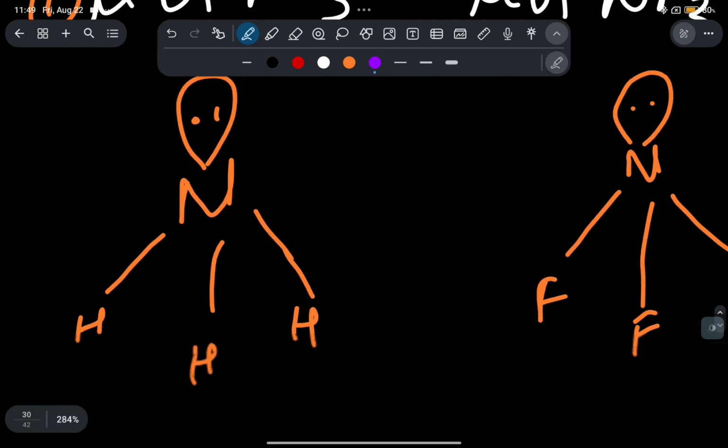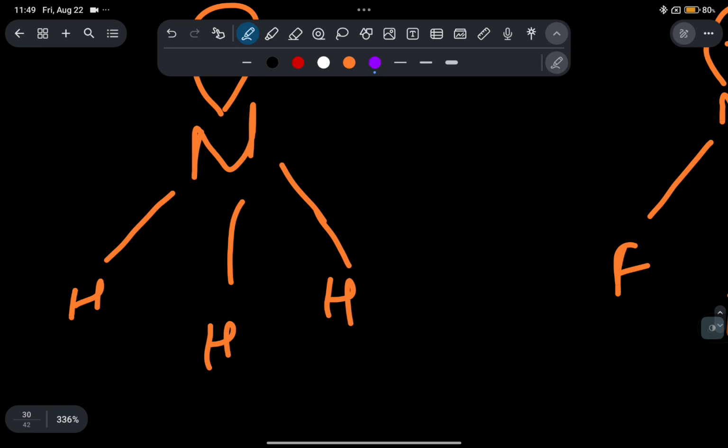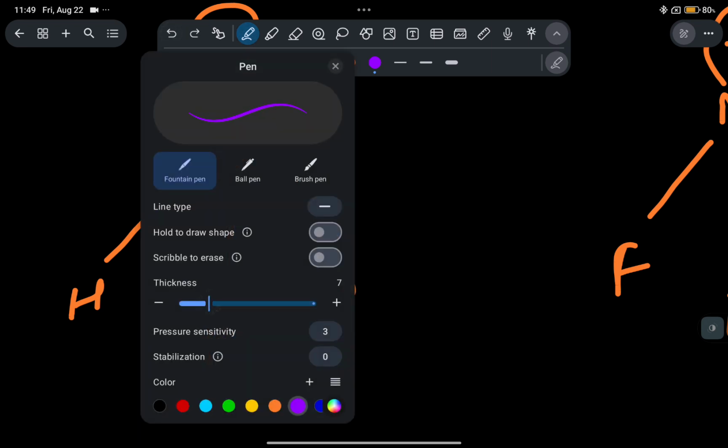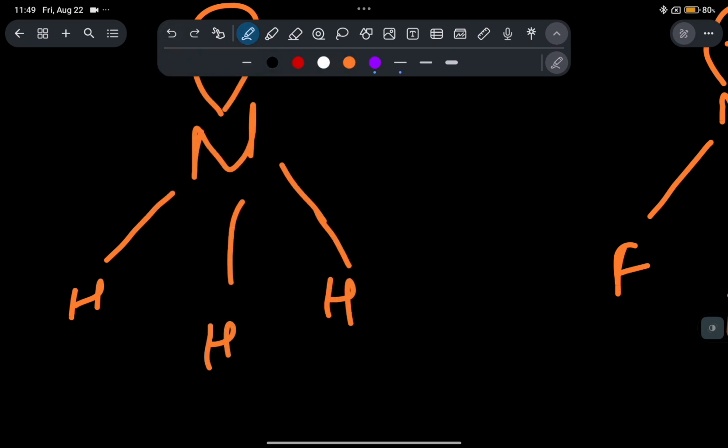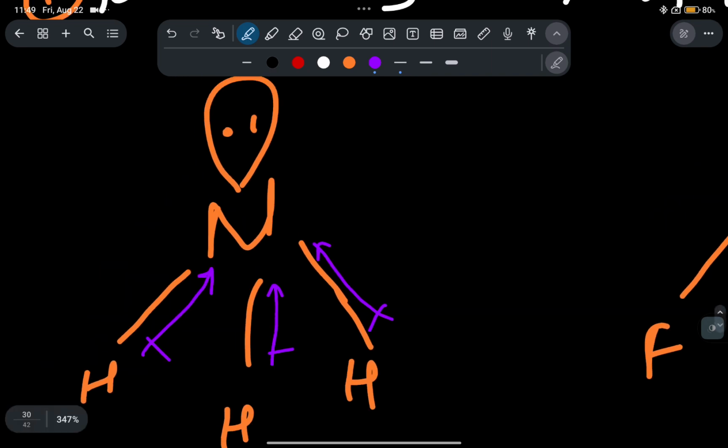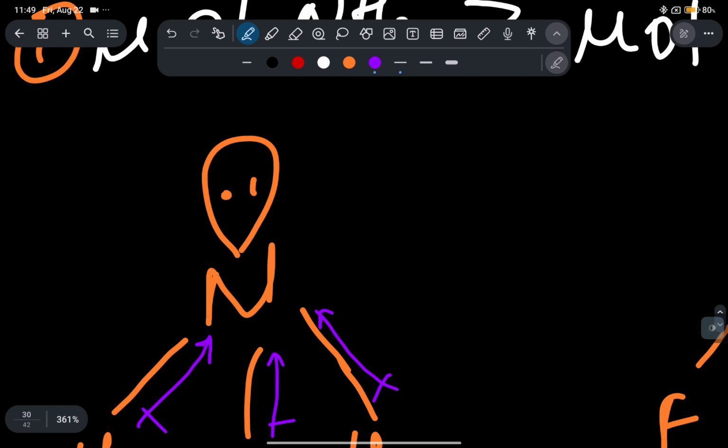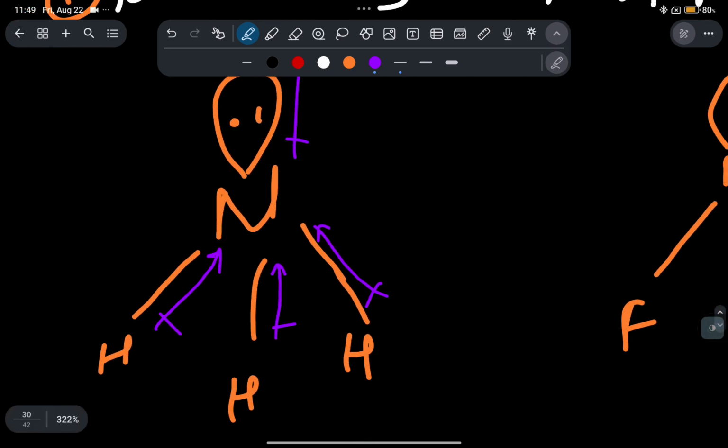You see here, the electronegative element is nitrogen. Hydrogen here means, so I'll decrease the size so you can understand. So the high electronegative atom is nitrogen. The lone pair is high electronegative, but before that, three directions are the same.